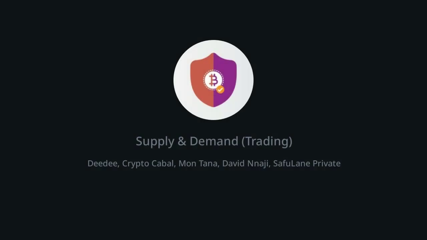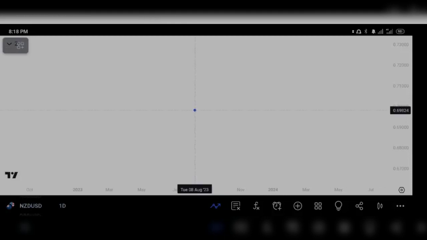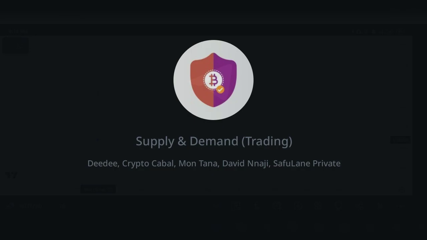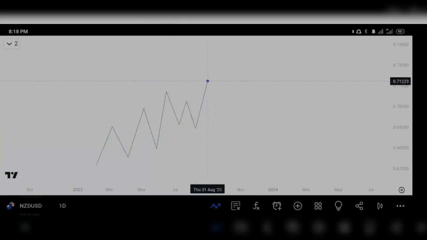So quickly, I'll be starting with market structure. When I was explaining market structure, I said in an uptrend we have a series of higher highs and higher lows, something of this nature.